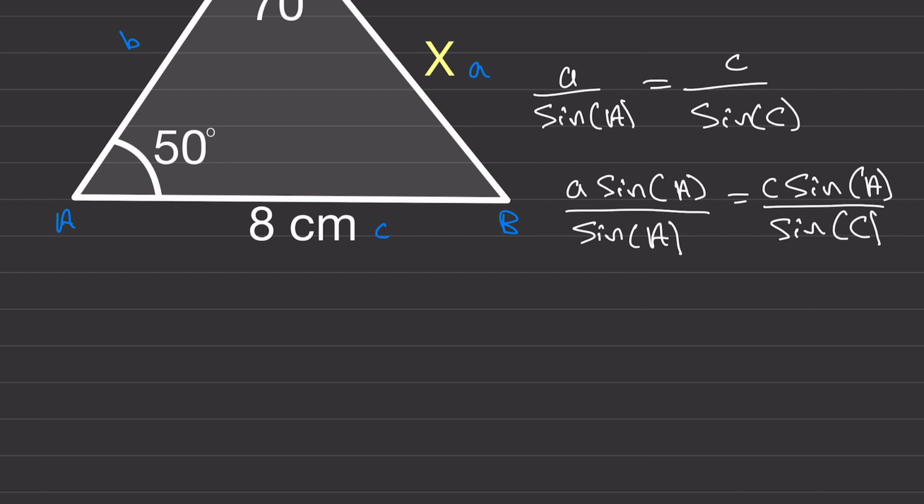Since we multiply and divide by the same value, these two cancel out, and you just get left with a.